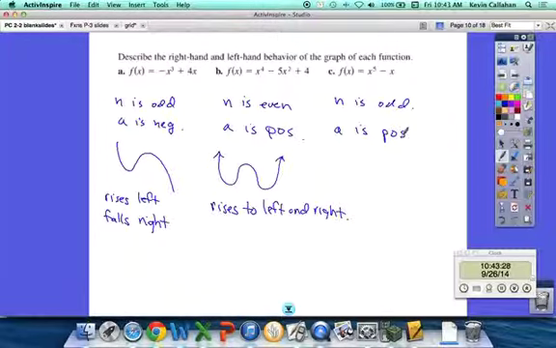This one will be the reverse: falls to the left and rises to the right. So if you're getting this, those homework problems are going to be instantaneous. If you're not, think harder. You can get it. It's not that complicated.